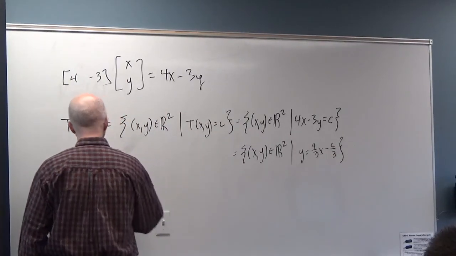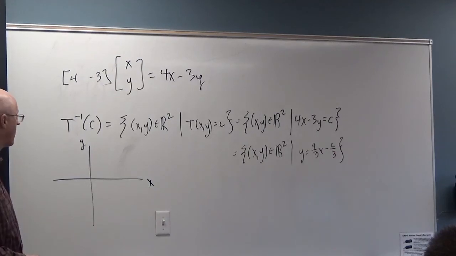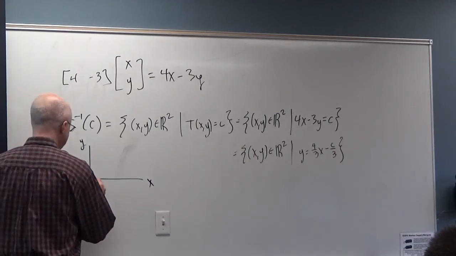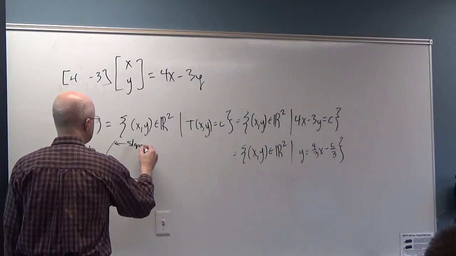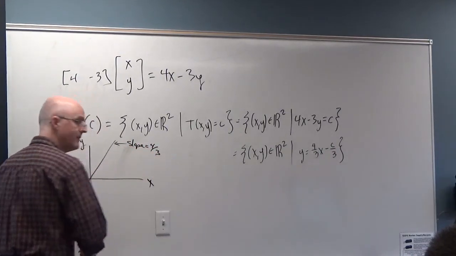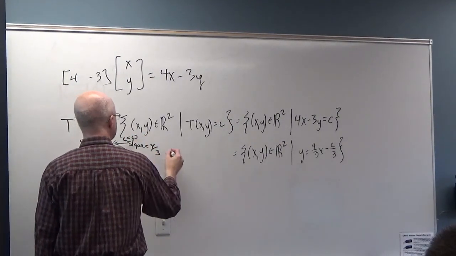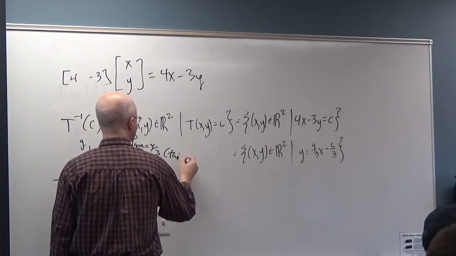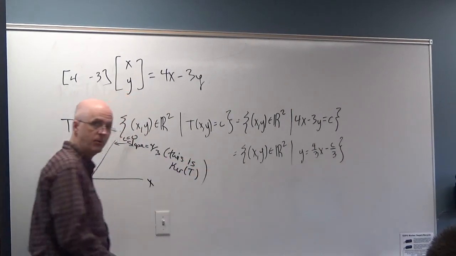The kernel of this linear transformation, thought of as a group homomorphism, is this line here, slope equal to 4/3, c equals 0. This is the kernel of T, which in linear algebra we call the null space.